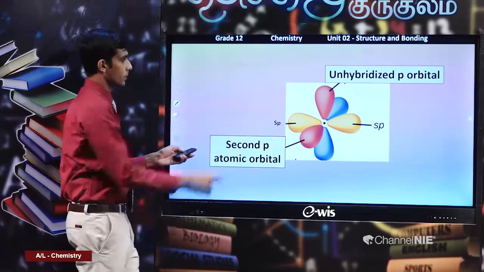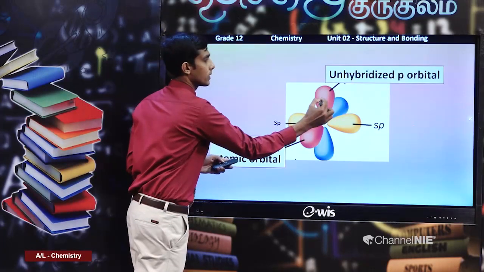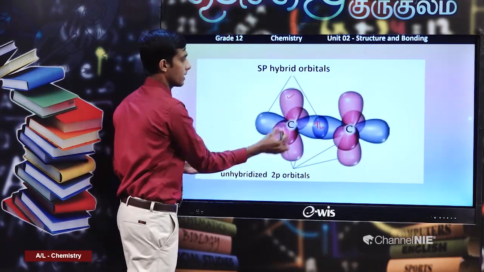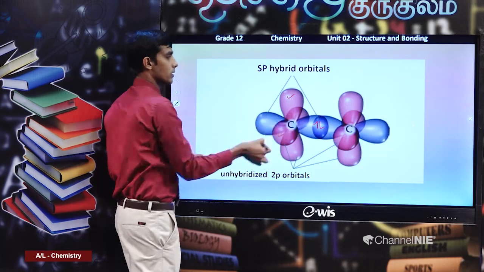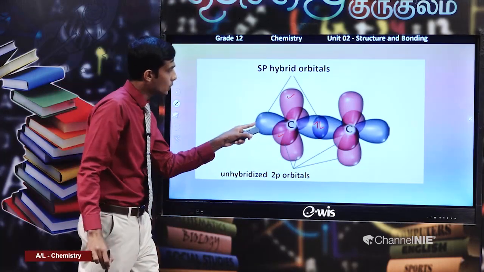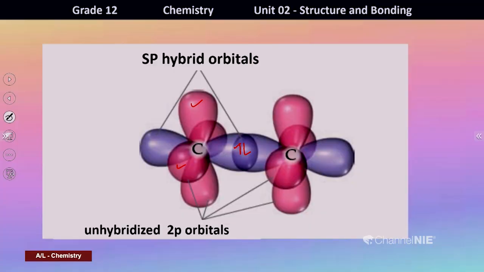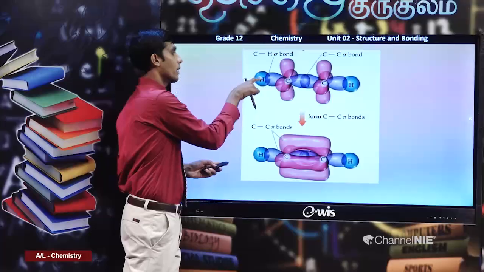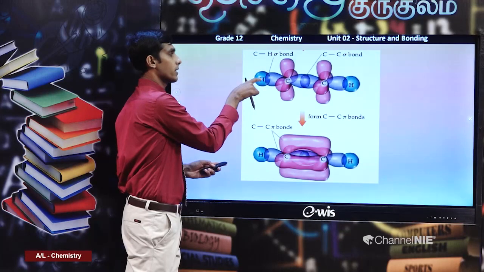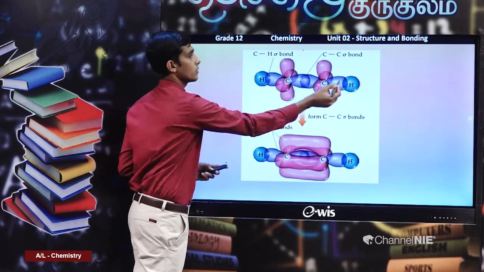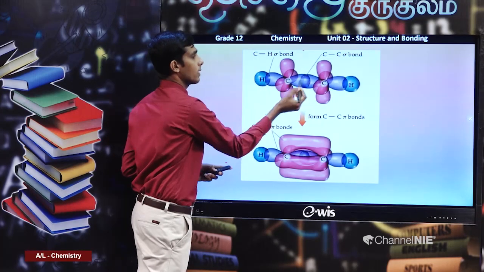Now, in this diagram you can see clearly these two orbitals, this one and this one. Those are the two p orbitals, and this is the other one shown perpendicular to that. And there are two other sp orbitals remaining. Those two orbitals will overlap linearly with the 1s orbitals of hydrogen atoms to form sigma bonds. Here one sigma bond, here also a sigma bond, and this is the carbon-carbon sigma bond.